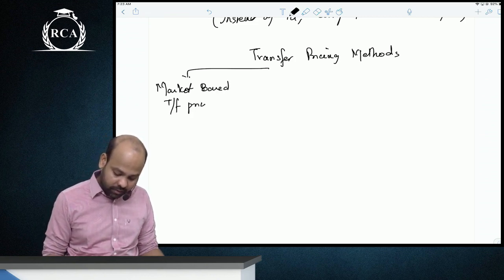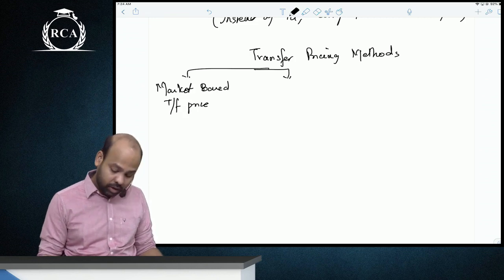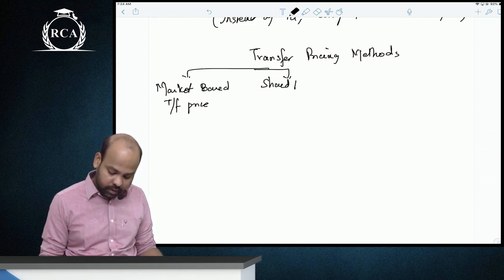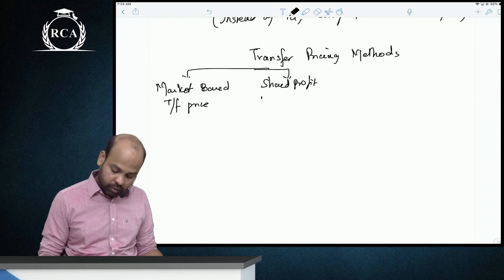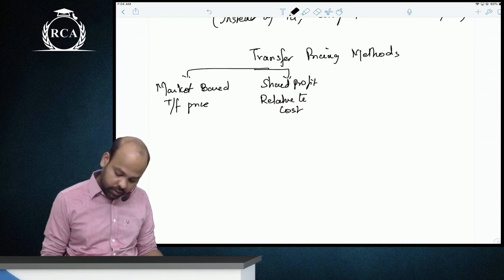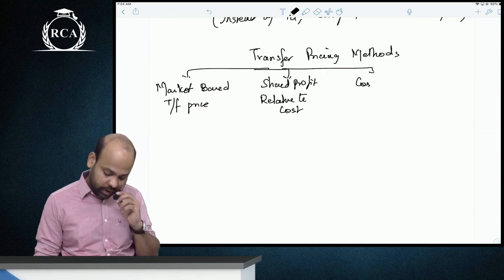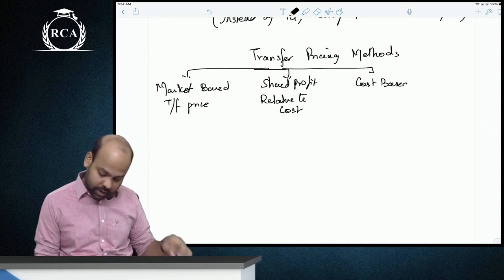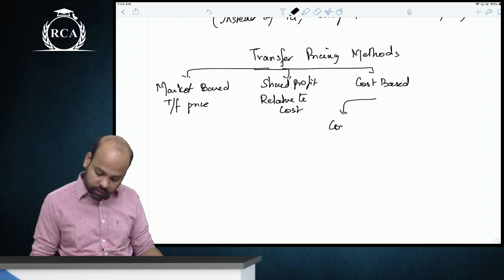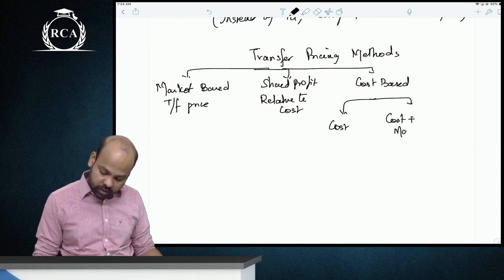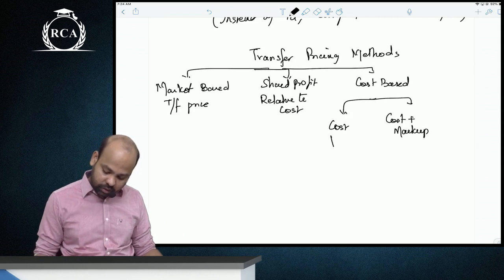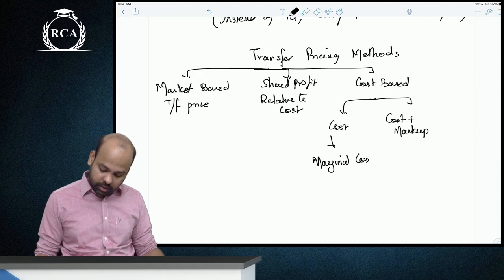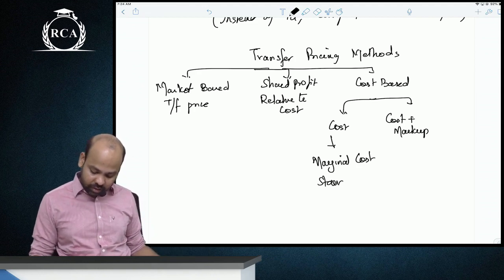And then there's something called shared profit relative to cost, and then there is the cost based transfer price. Under this also, it can be only cost or cost plus markup. Under cost also, it can be marginal cost, standard cost or full cost.